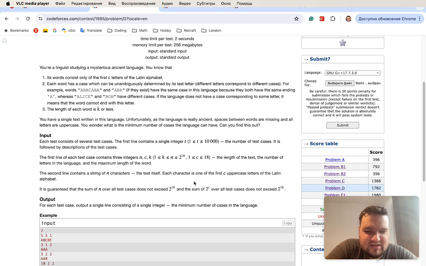So this is already a solution in time 2 to the power of c, just to try all the sets, times n, because we need to find the longest block. The sum of n does not exceed this, and the sum of 2 to the power of c does not exceed 2 to the power of 18. Okay.